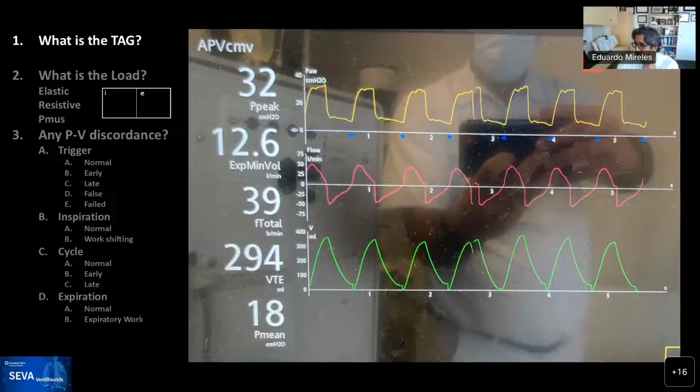Have no fear. This is my facilitating pause to be sure that everybody's entering.